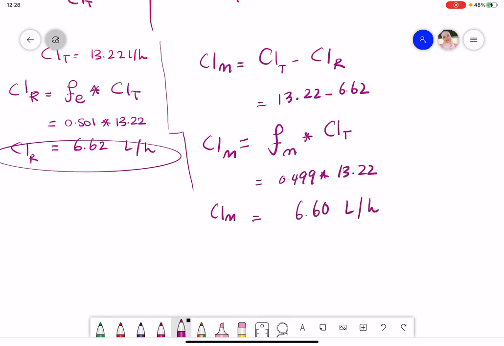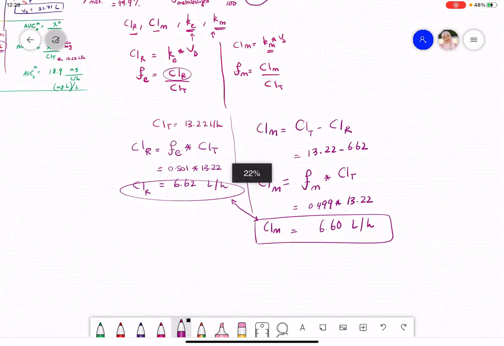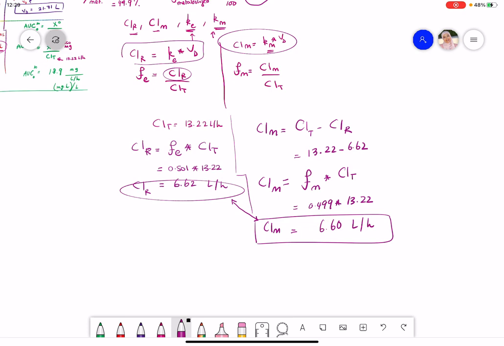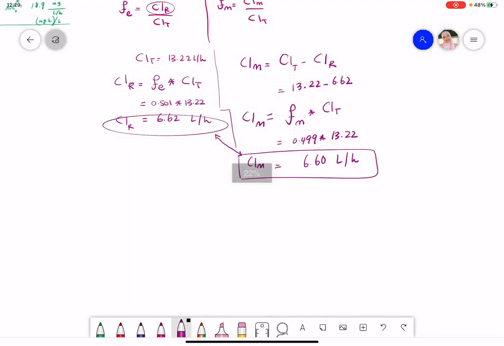This is the metabolic clearance. We can notice that they are very near to each other because the percentages are very near to each other. After that, we can use this for each one of them to determine the constants.